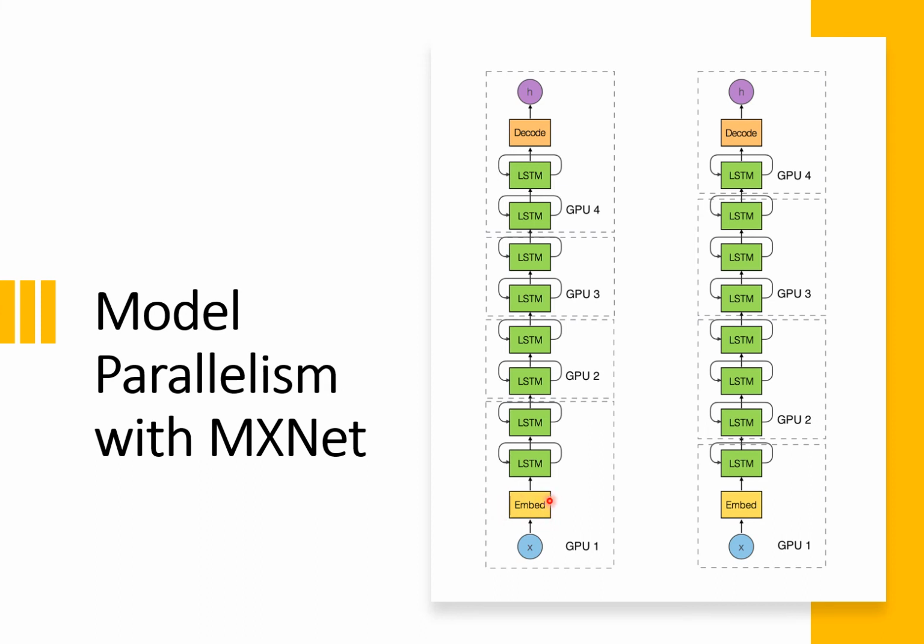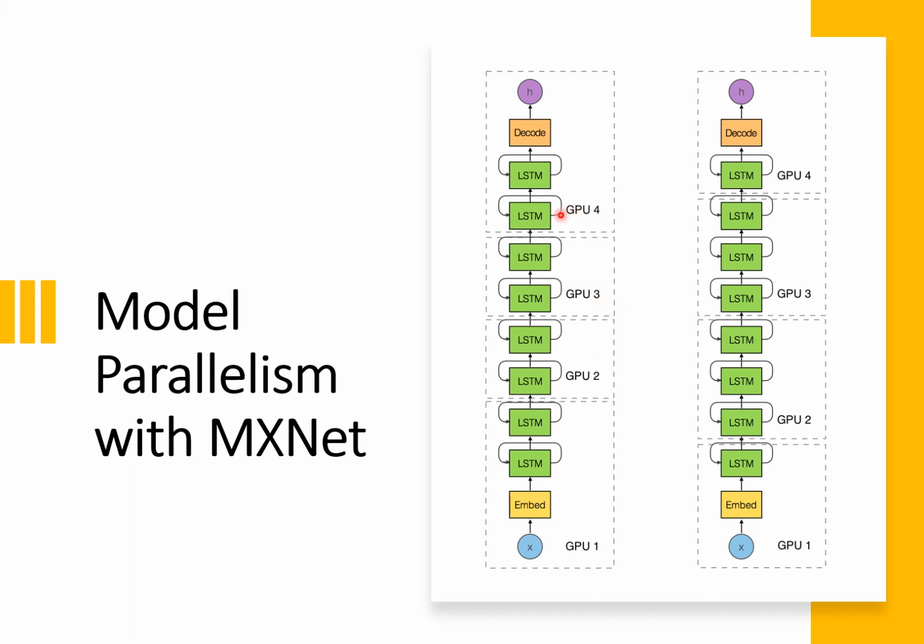If the embedding is complicated enough, we can put it into its own GPU, so that you reduce the time taken to do the embedding. In this case, maybe the embedding structure is not so complex, so we can share GPU 1 together with 2 of the LSTM layers. And then for the next 2 layers, we put them into GPU 2, and the next 2 layers, we put them into GPU 3.